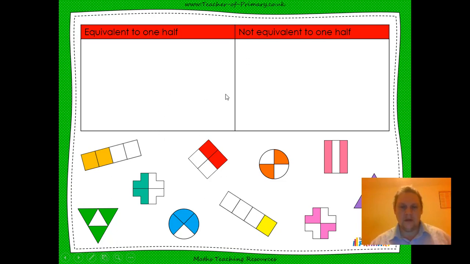Should it go in this side or in this side? We've got 1, 2, 3, 4 equal parts. 2 of them are shaded. 2/4 is the same as 1/2, isn't it? And we can see that that's a half, can't we? Half of that shape is shaded in. So that's definitely equivalent to 1/2. Let's see.